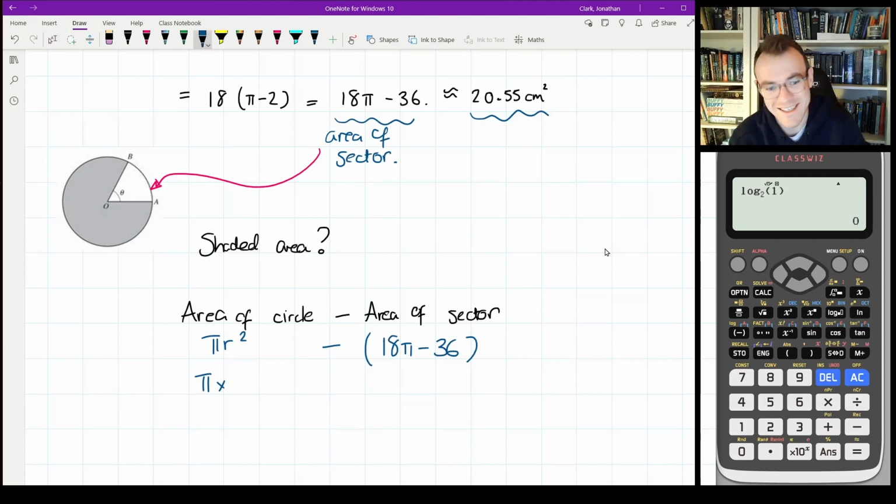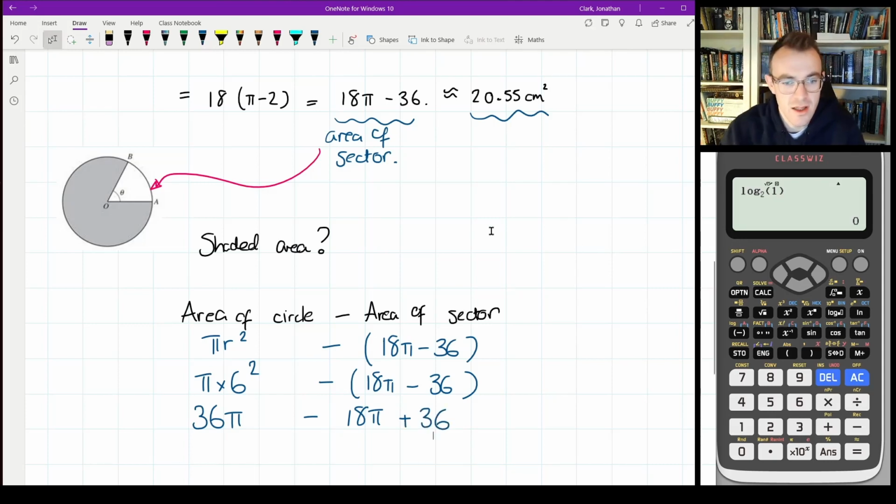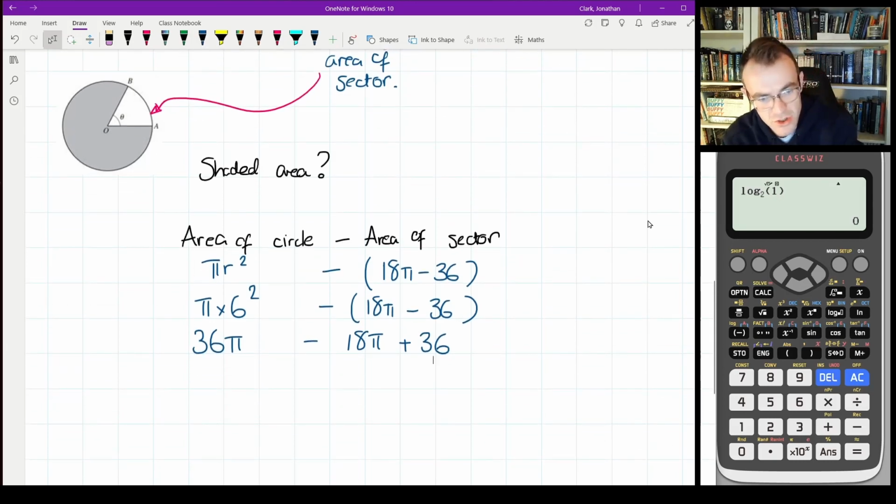The radius is 6, so let's change that. And let's expand the brackets at the same time. So minus and minus is a plus. And solving this, so 36 take away 18 is 18. And then I'm adding 36 on.